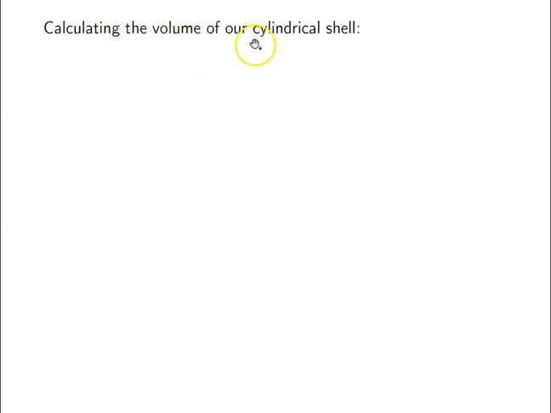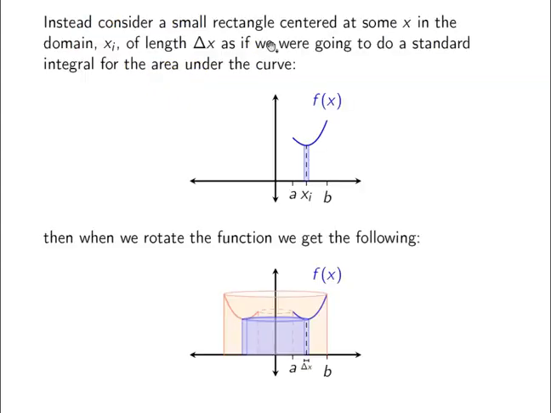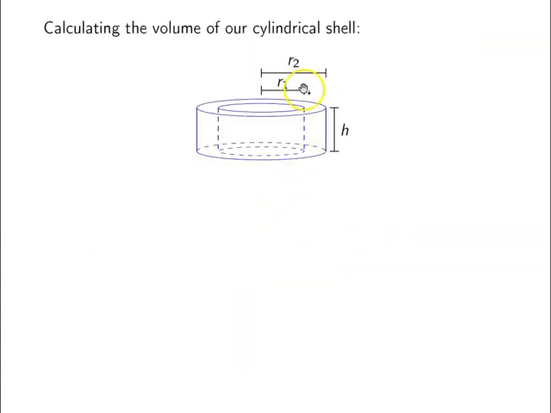So we're going to calculate the volume by looking at that single cylinder, the shell of a cylinder that gets created by rotating my function and the rectangle for a Riemann sum that goes with it. Here I'm going to have an inner radius and an outer radius, and it's going to have a height of h.